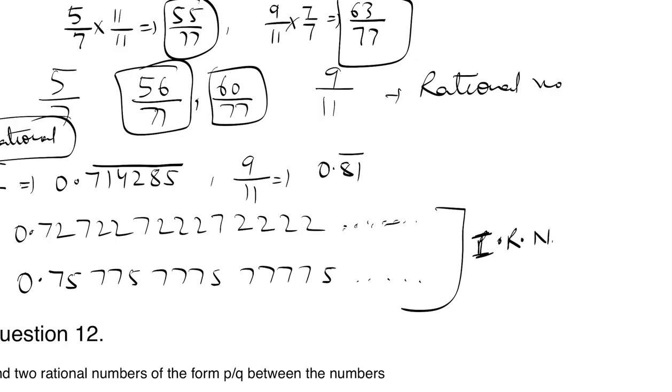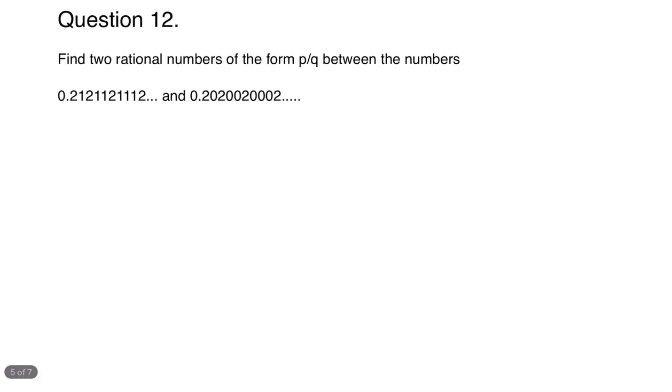Now find two rational numbers of the form p/q between the numbers 0.21211 and 0.2020020002000.